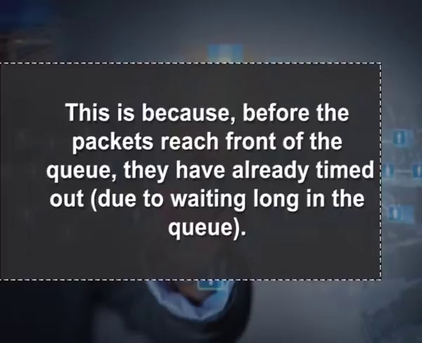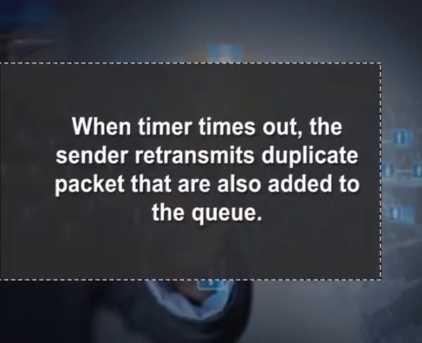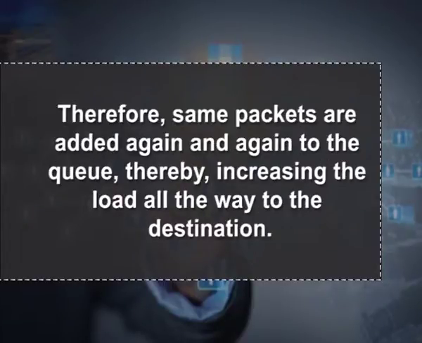This is because before the packets reach the front of the queue, they have already timed out due to waiting long in the queue. When the timer times out, the sender retransmits duplicate packets that are also added to the queue. Therefore, some packets are added again and again to the queue, thereby increasing the load all the way to the destination.